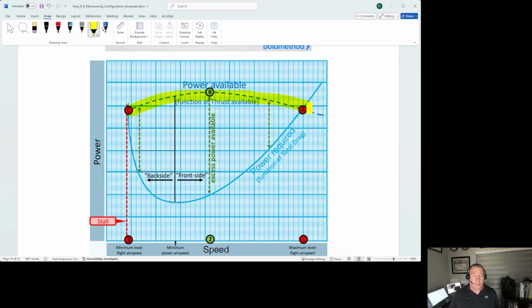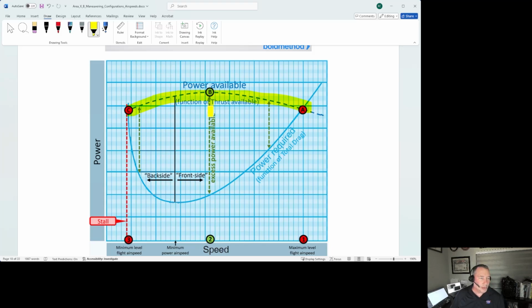It's not straight for various reasons we won't go into now, but note that certain aircraft are able to develop more power at higher speeds, and some airplanes are better down low, and the power drops off later. So the power available curve is plotted here. We've got power vertically and speed horizontally here.